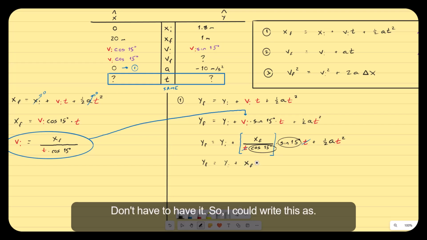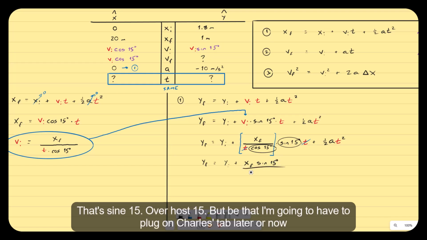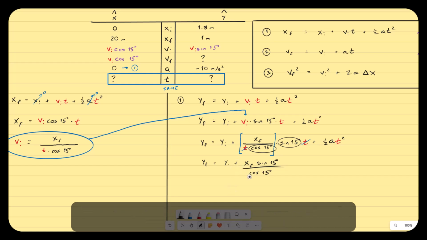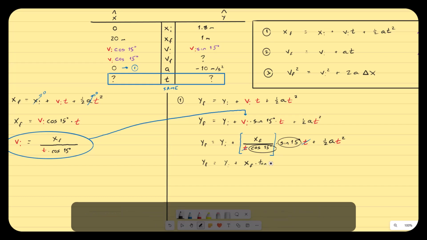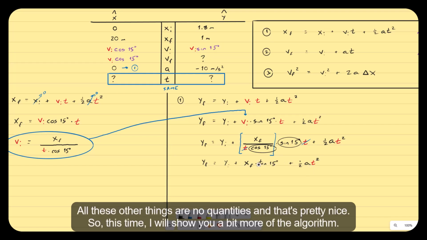I could write this as sine 15 over cos 15, but being that I'm going to have to plug in a bunch of values into a calculator or computer or whatever anyway, I'm going to try and keep that as simple as I can and write that as x final tangent of 15 plus half a t squared. I'm solving for t. All these other things are known quantities, and that's pretty nice.